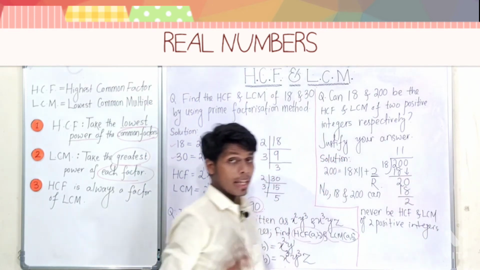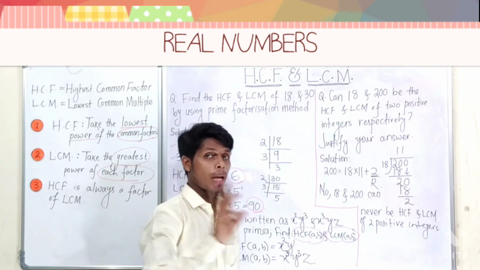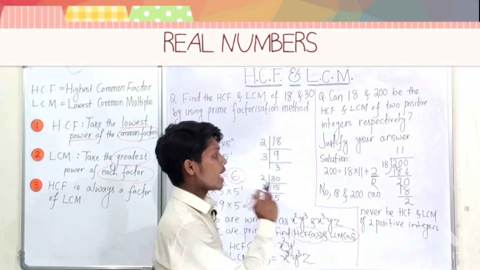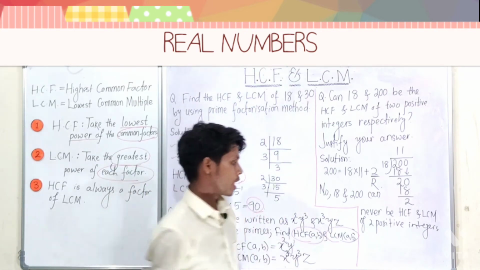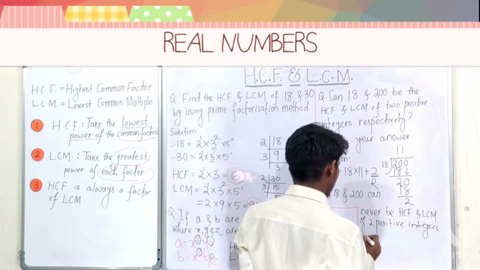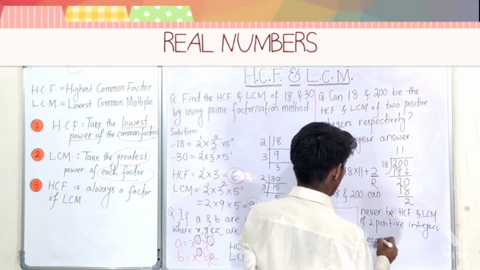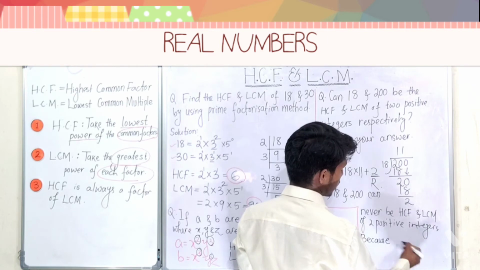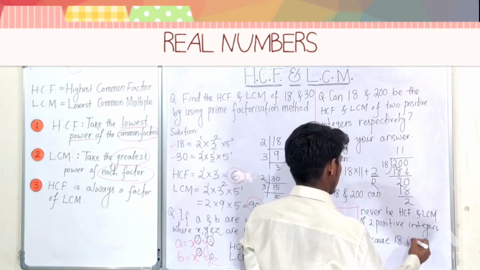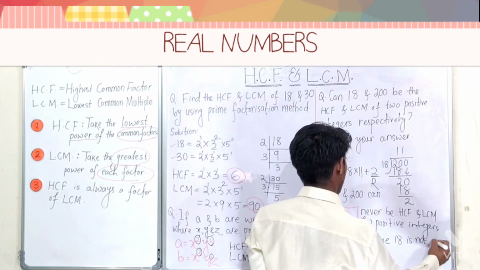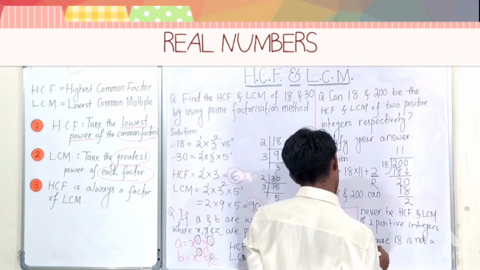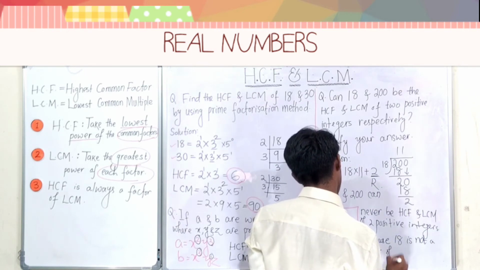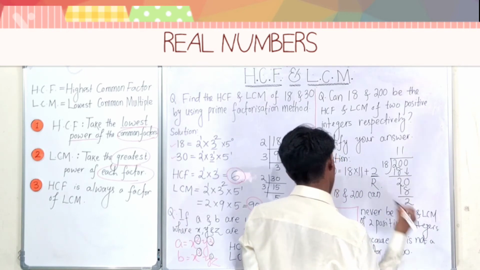Why? Because HCF is always a factor of LCM and here 18 is not a factor of 200. As it is given to justify your answer, you have to write the reason, because 18 is not a factor of 200.